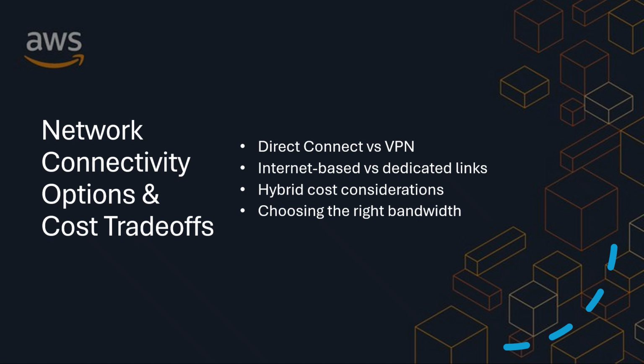The correct decision depends on traffic patterns, bandwidth needs, and compliance requirements. Proper bandwidth selection, whether a single VPN or multiple high tier Direct Connect links, helps you control the cost while maintaining necessary performance.